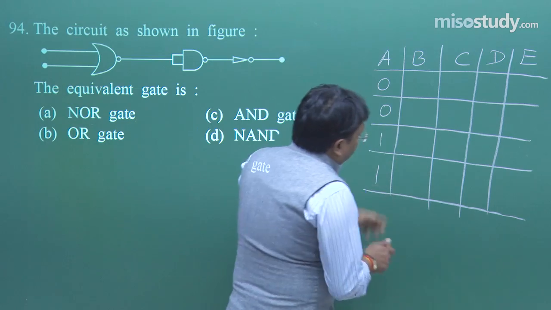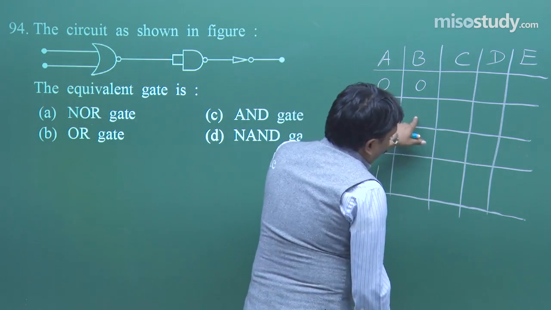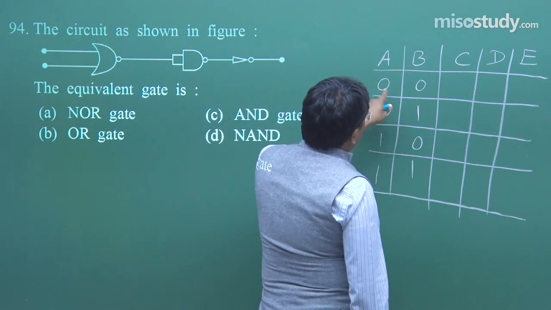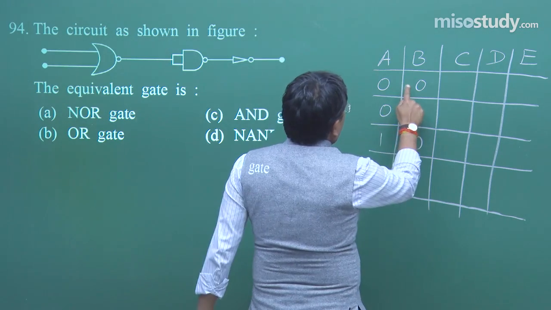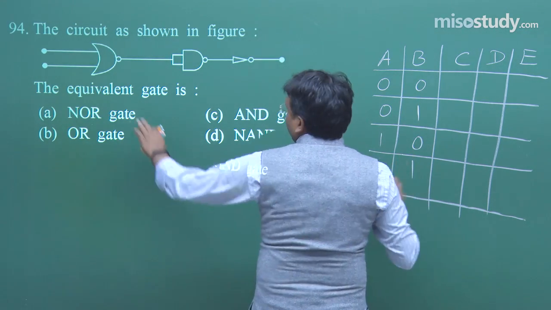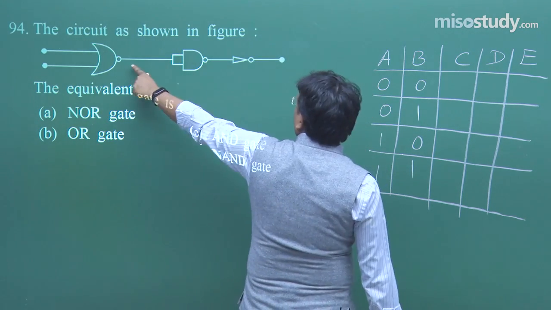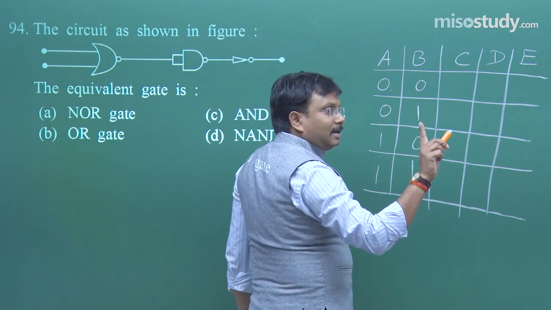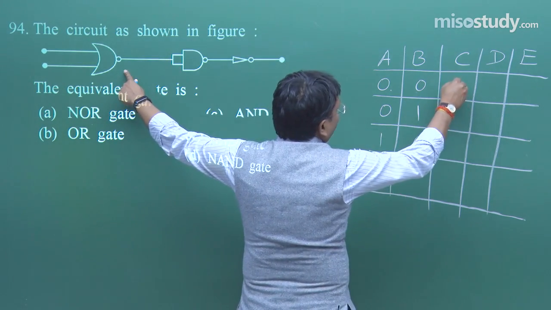If it is 0, it is going to give me 0 over here, and then again over here it is 1, 0 and 1. These are the possibilities: low low, low high, high low, high high. Now C is this. So for low low, the resultant is high, but negation will give me low.